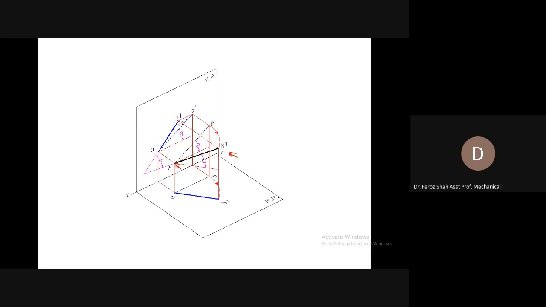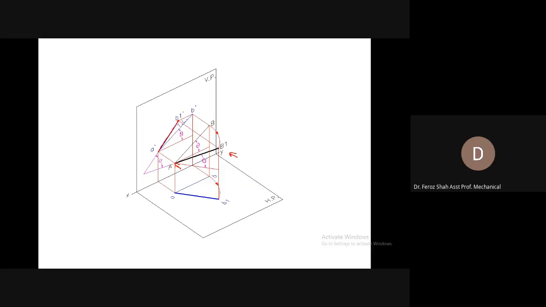When you join these two end points, you will get the front view. Now the new front view, as you can see, is shorter than the true length because you have made the line AB inclined to the vertical plane as well.